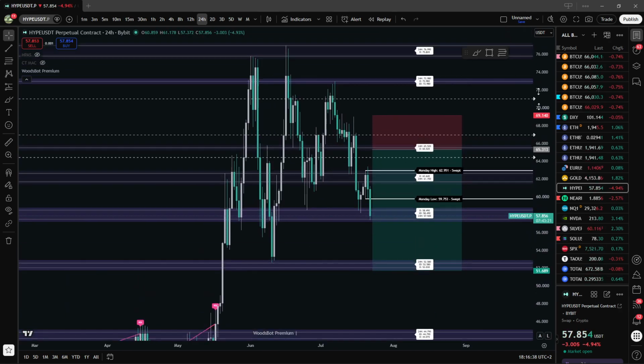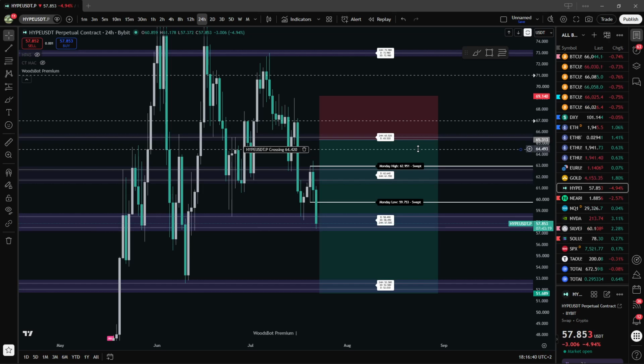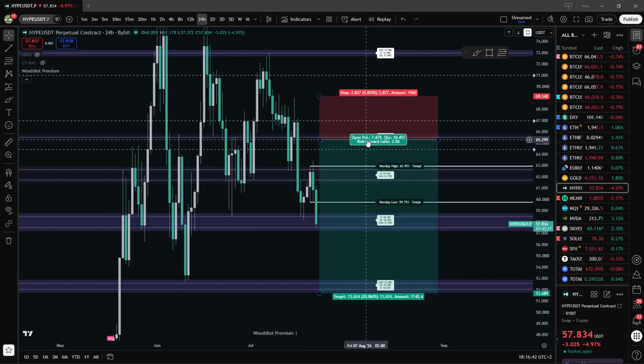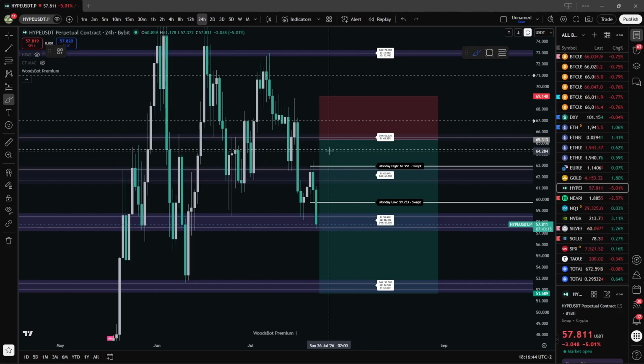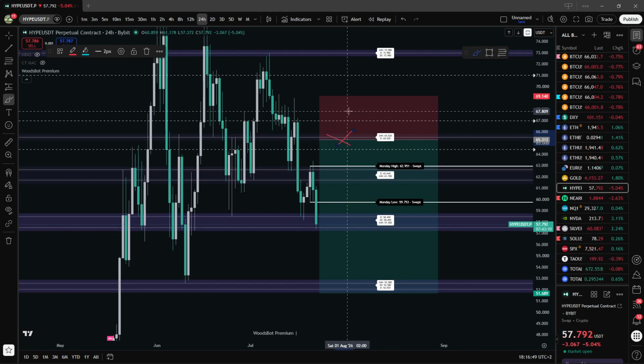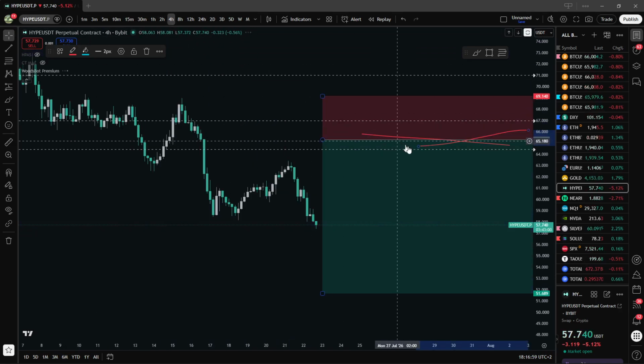Hype didn't even go get close to my potential short area. I wanted to short this confluence level. It aligned with Fibonacci levels as well. So this was a really nice level for shorts, but it didn't even get close to this level.